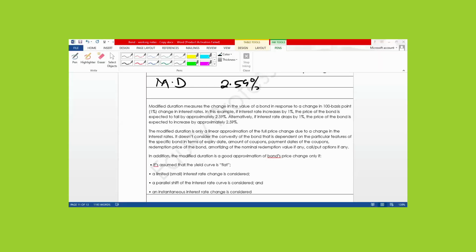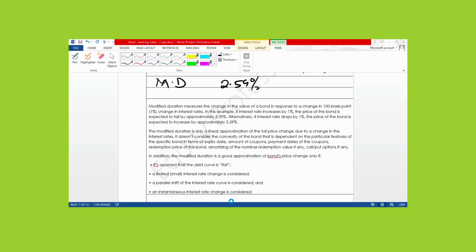Please let's round up. It was a temporary glitch. We said modified duration measures the change in the value of a bond in response to a 1% change in interest rates.